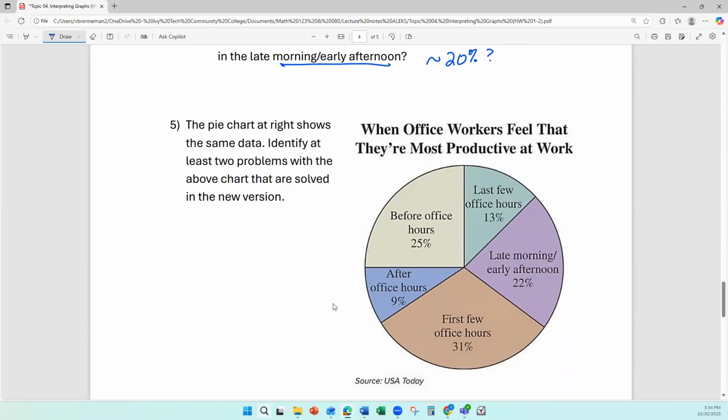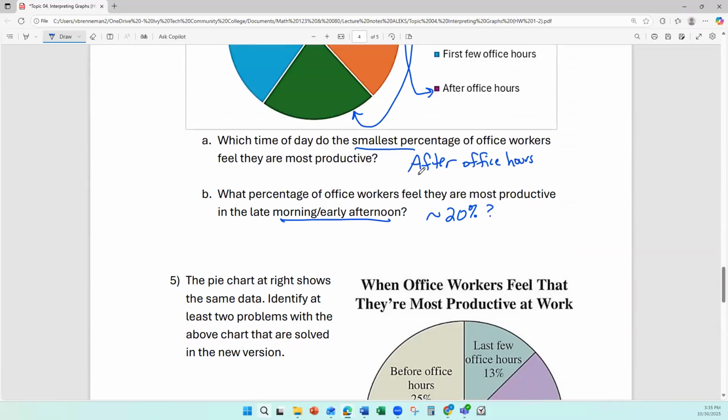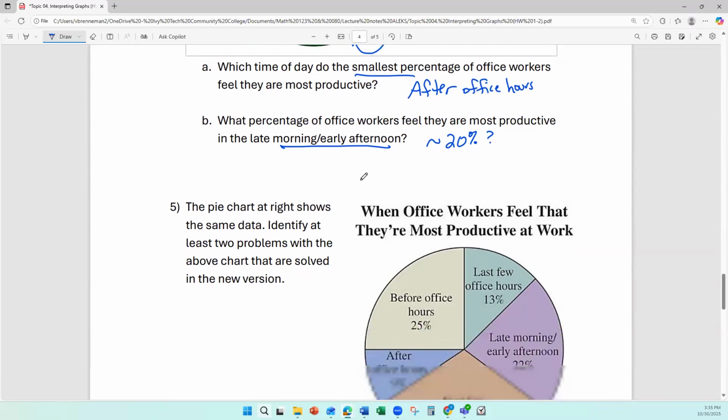So there's no having to figure out the colors and matching those up. If it's printed in black and white, anything like that, it's still perfectly functional. And it has the percentages included on those labels as well. So we can see, for example, last few office hours here, 13%. After office hours, 9% is that lowest percentage. So that question 4A there would be much easier to answer from this graph.